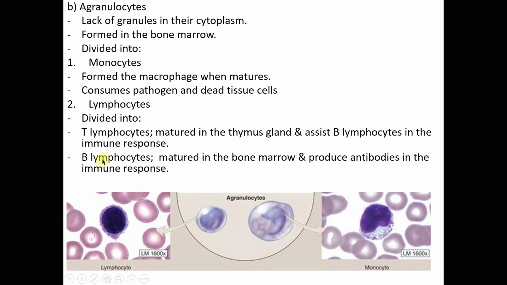B lymphocytes, on the other hand, are synthesized and matured in the bone marrow, and produce antibodies in the humoral immune response.